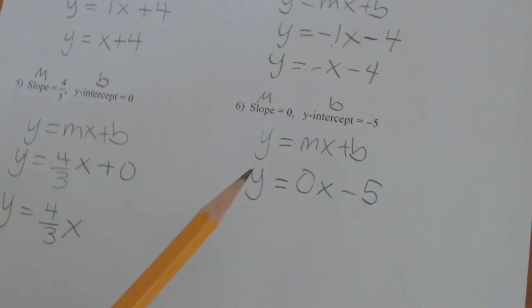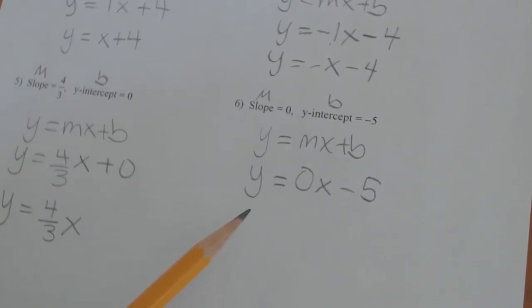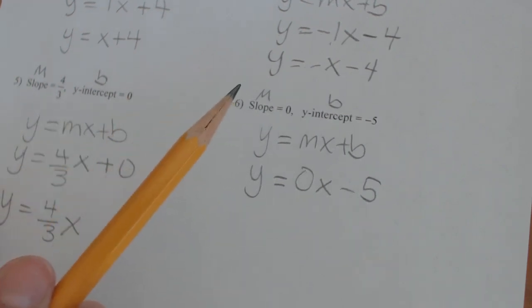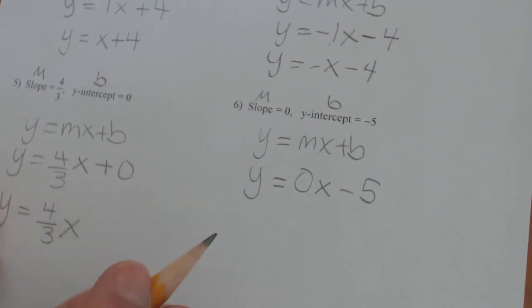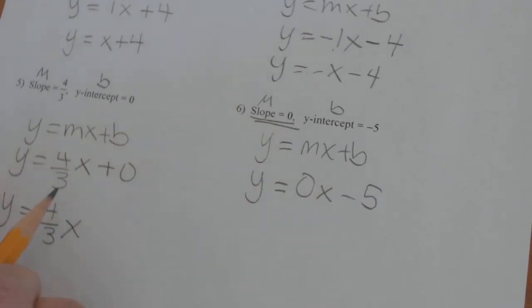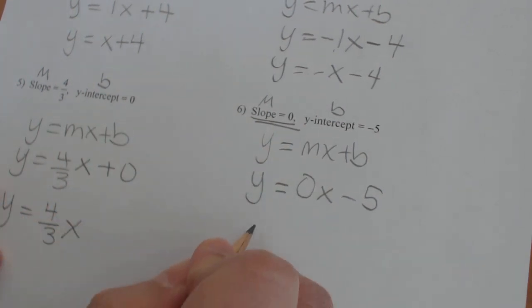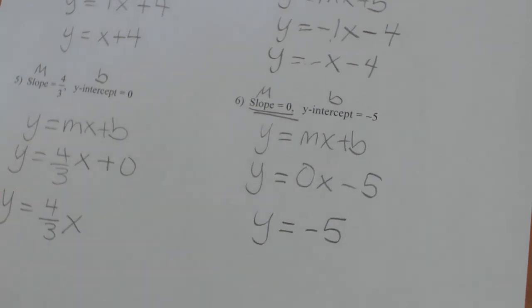Now here's the thing. As I was saying before, there's a y, there's an equal sign, and there's an x. This is a way to write this. However, you may see only one time and one time only where you do not have an x value. And that is in this scenario when your slope is 0. That is the only scenario where you will see it written in this form, y equals -5.